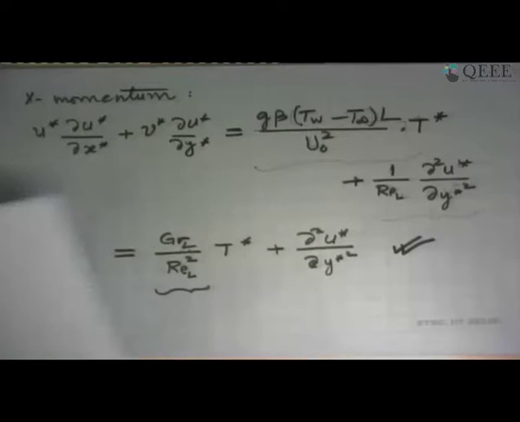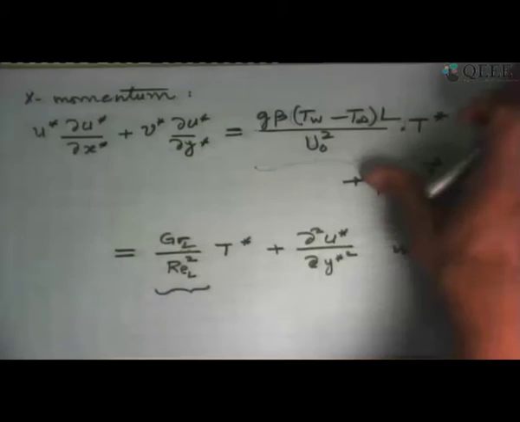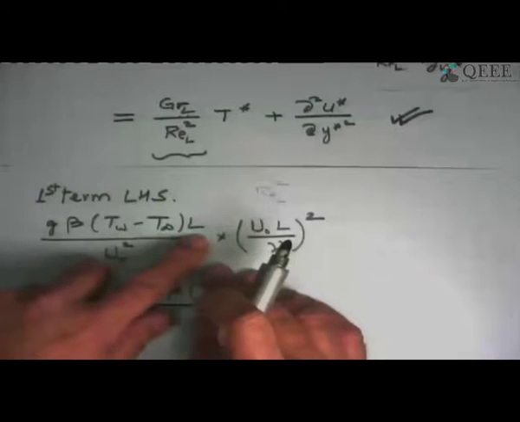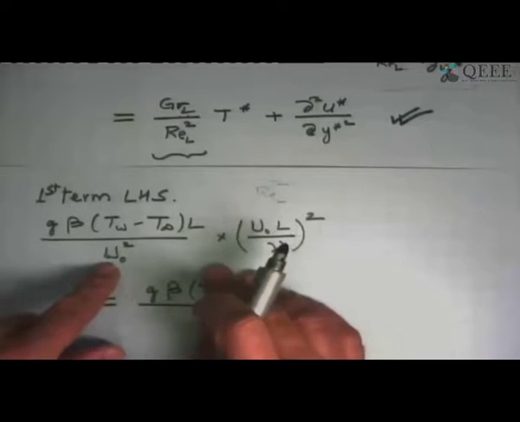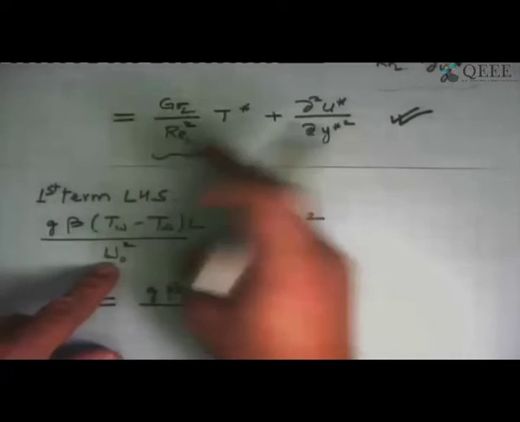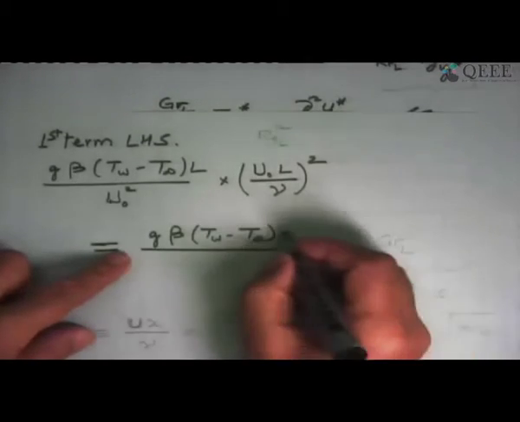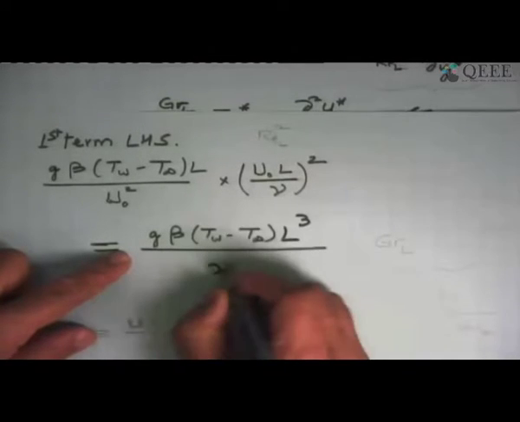Which requires us to go and say that we have now defined a new non-dimensional number: on this side, g beta (Tw minus T infinity) L upon u0 square was that, divided by ReL square, this is (u0 L upon nu) whole thing square, and this becomes g beta (Tw minus T infinity) L cube upon nu square.